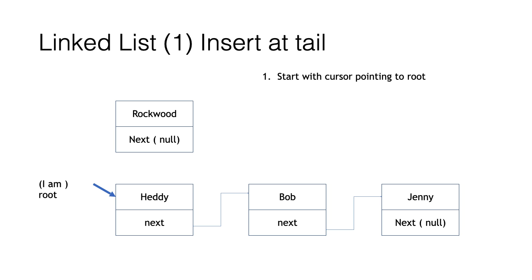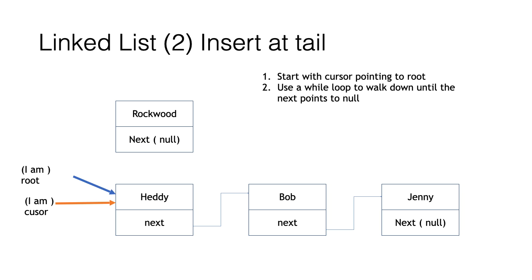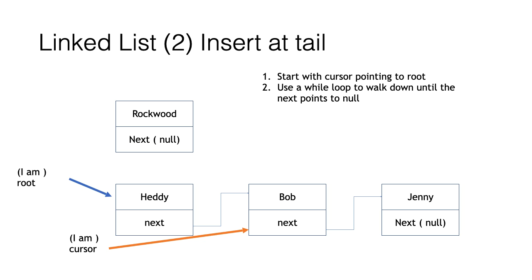We have a cursor pointing to the item in the list, and we begin with root, so it points at Heady. And it says, Heady, have you got a tail? And Heady goes, yes, I have got a tail. So I update my cursor to point at the tail of Heady. There we go. And then we say, Bob, is your next empty?